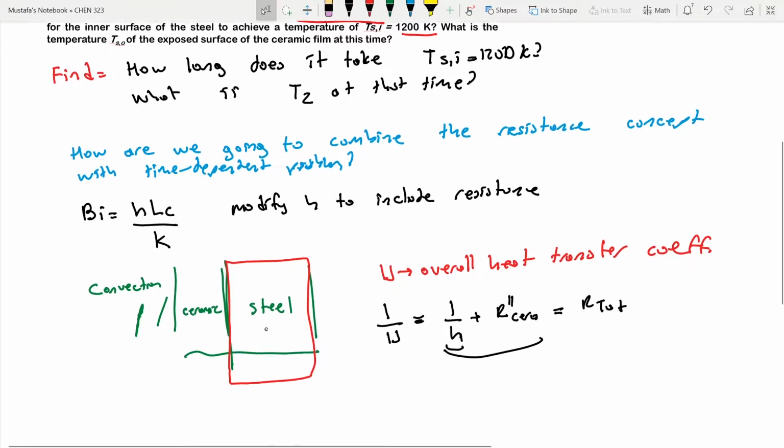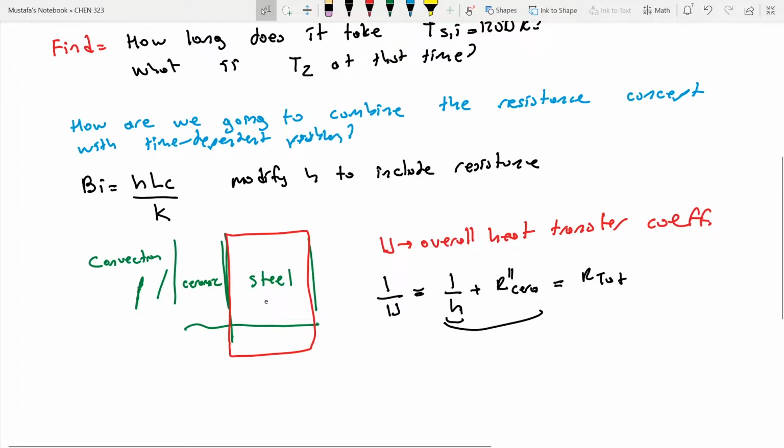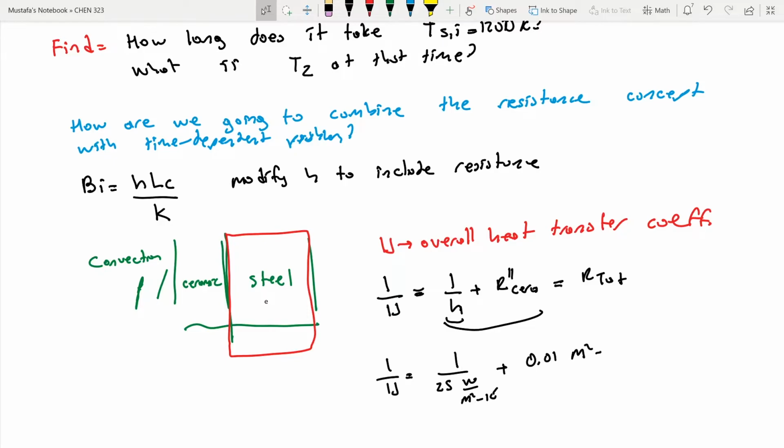So now we will substitute the values. 1 over U, and H is given to be 25 watt per meter square per Kelvin, so 1 over 25, and our ceramic is given to be 0.01 meter square Kelvin per watt. If we add everything, we have 0.05 meter square Kelvin per watt.